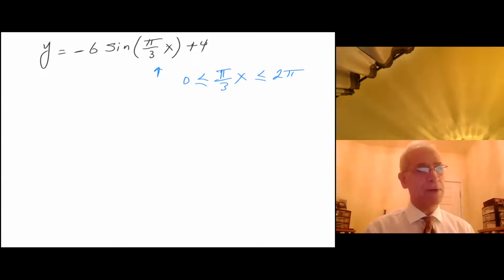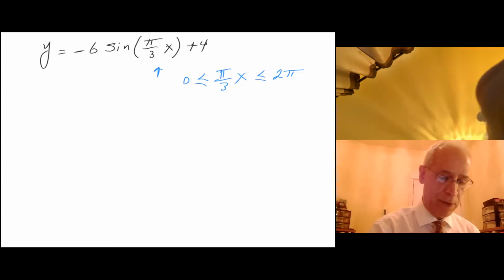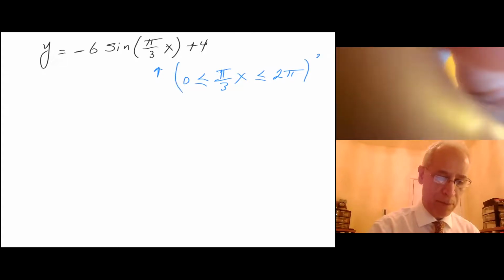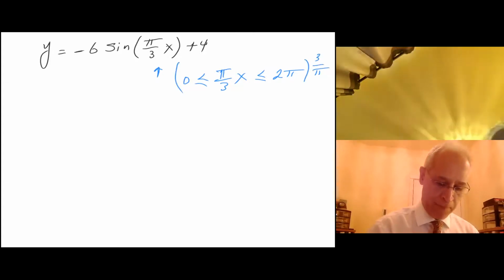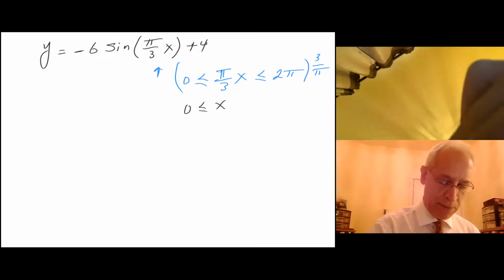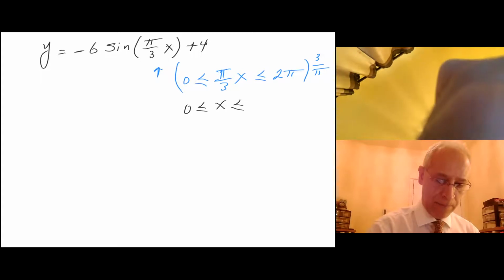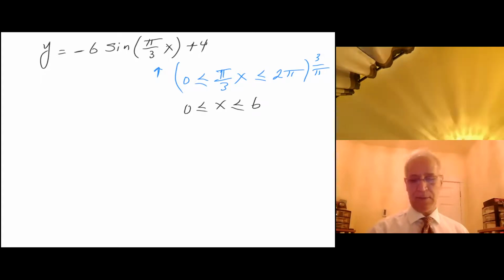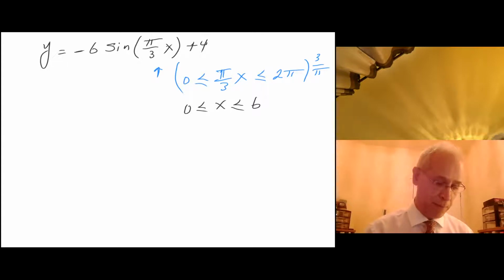And if I solve for x, I multiply all three sides of this inequality by 3 over pi, the result is going to be that x is between 0 and 6 for one complete period.